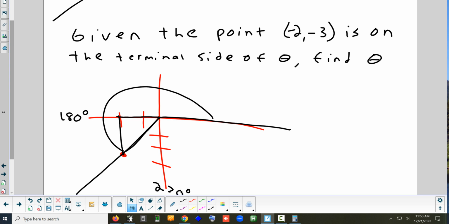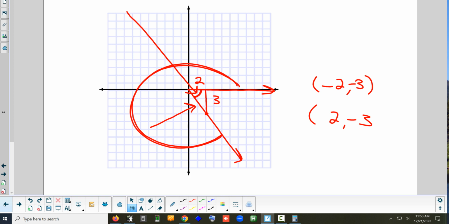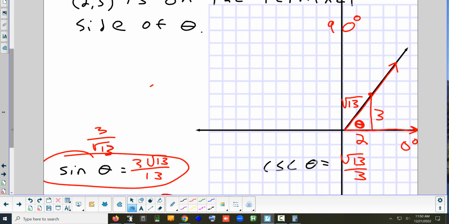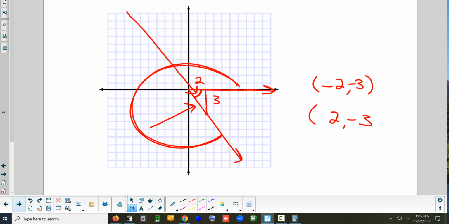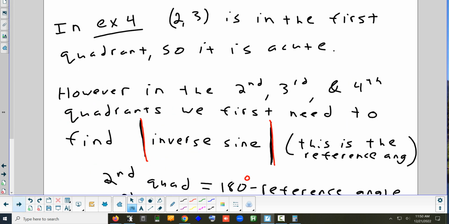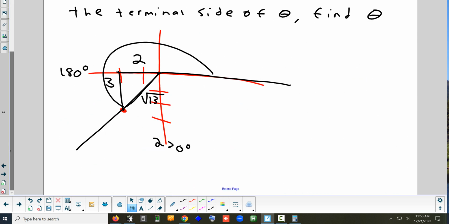I'm going to draw my triangle. Just like that. This side is 2. That side's 3. And what did we say the hypotenuse was? Square root of 13. This 2, 3, root 13. It's the same triangle that we did in this problem. It's just flipped. So let's find our reference angle.